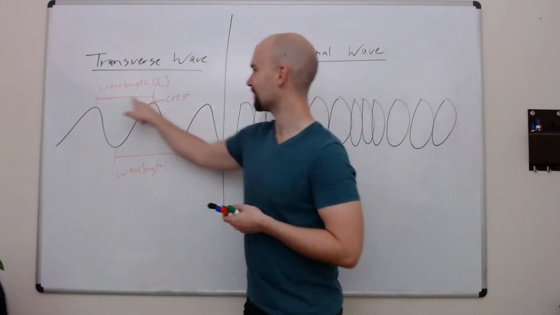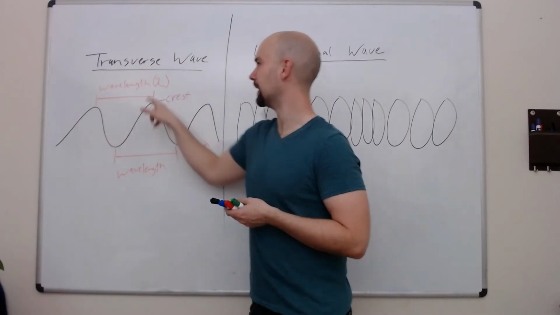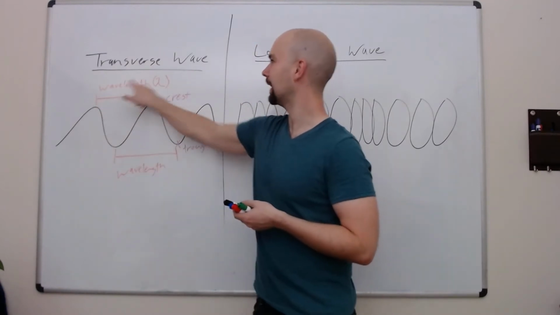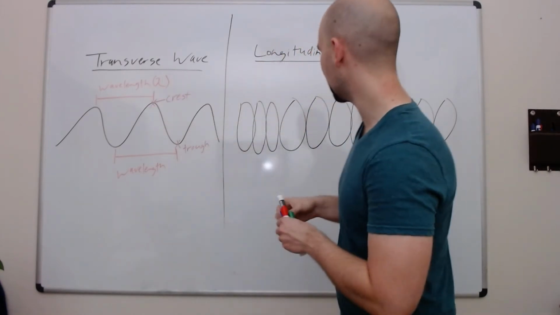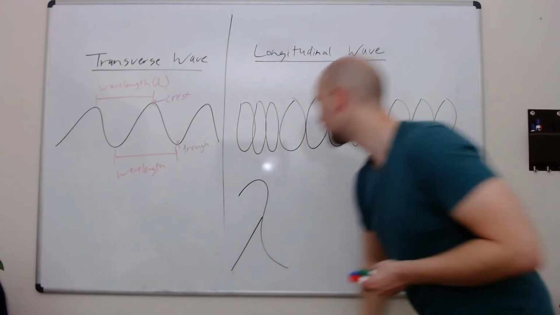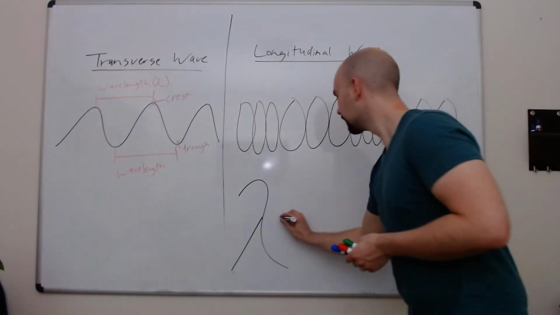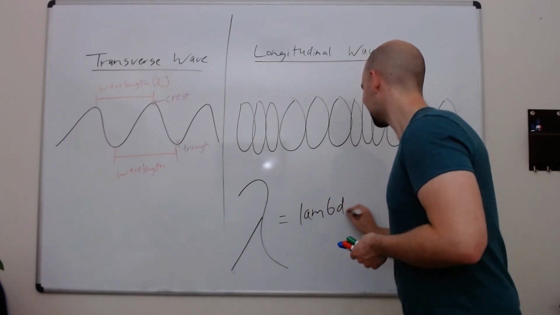So this expanse here in red, that's called a wavelength. And I don't know if you can see it that easily, so I'll make a great big one down here. It's a Greek letter called lambda.